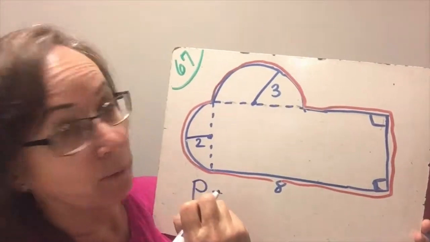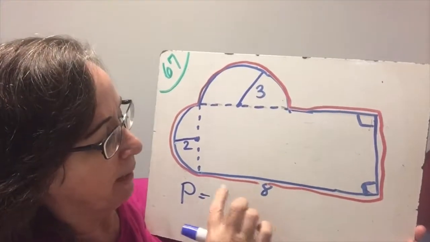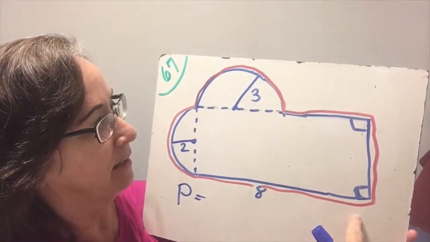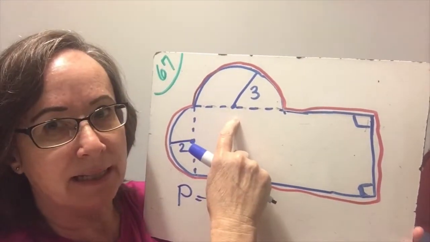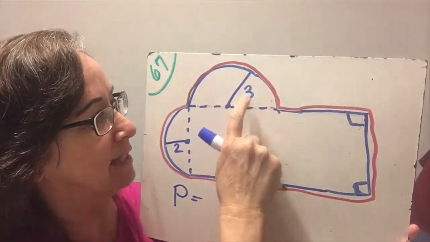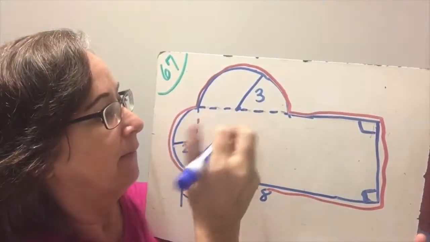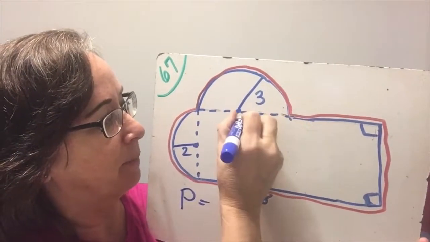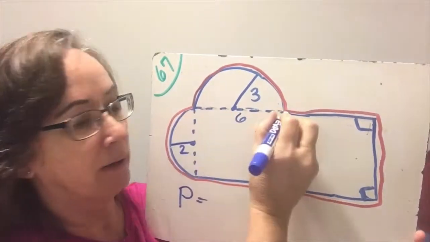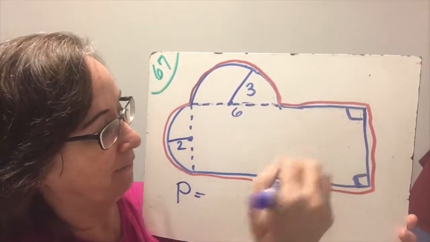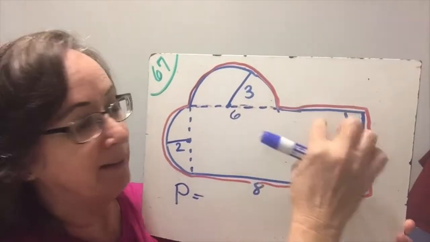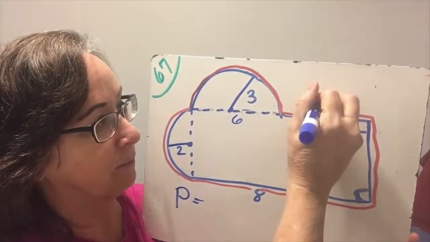All right, so now perimeter, distance around. We know that this one is 8. We know this is a radius 3 semicircle. So if this is 3, then this is 3. Then wouldn't this whole thing right here be 6, right underneath here? And then if 8 is on the other side, wouldn't this side here have to just be 2?